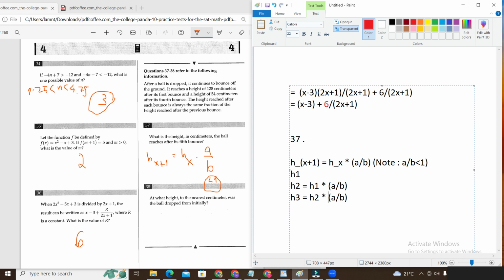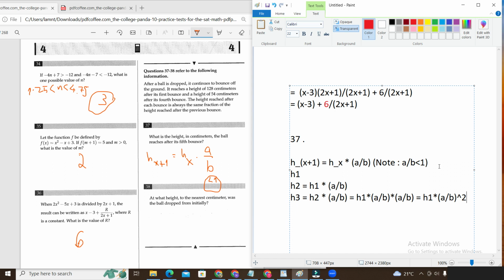But h2 is already h1 times a over b, so we put it in: h1 times a over b times a over b again. So that is h1 times a over b squared.